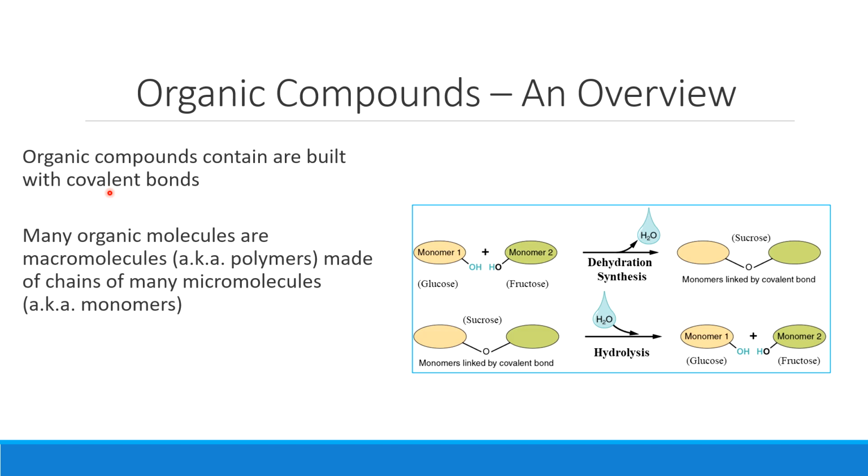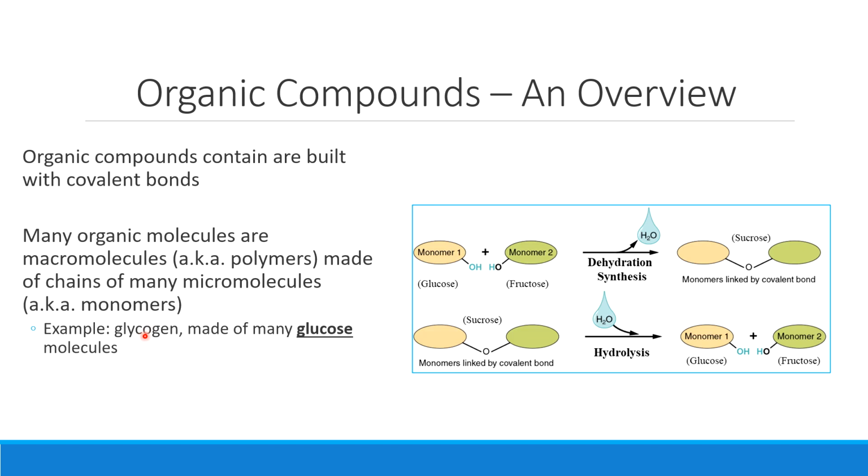Most of our, or all of our organic molecules that we're going to talk about today have two forms. There's the large macromolecule, which is the big form of them. But that big form came from what we might call micromolecules or monomers, small pieces. Let me give you some examples to help this make sense.